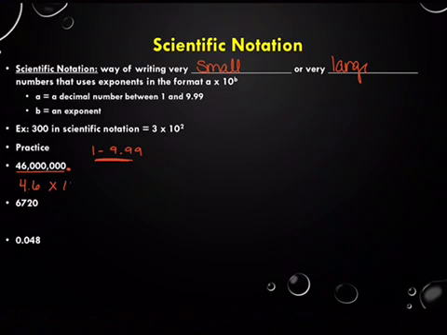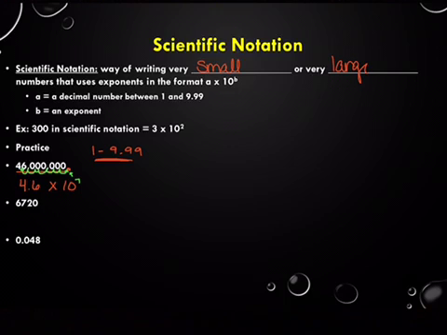And then you write the times 10, and now you have to figure out the exponent. If we've moved the decimal to here, in order to get it back to its starting spot, we're going to move it 1, 2, 3, 4, 5, 6, 7 places. That is the value of your exponent, it would be the 7.